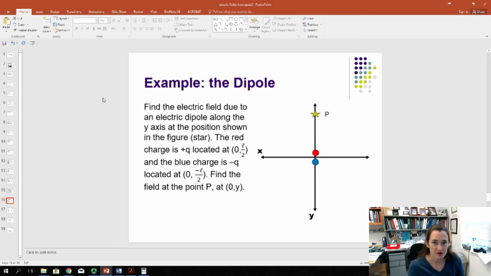These charges are separated by a distance L, which is small compared to the distance at which we're going to look at the electric field, indicated by the star at point P. So, to sum up, we've got plus q located at (0, +L/2), the blue charge minus q located at (0, -L/2), and we're going to find the field at a point P at (0, y) along the y-axis, along the direction connecting the two charges.